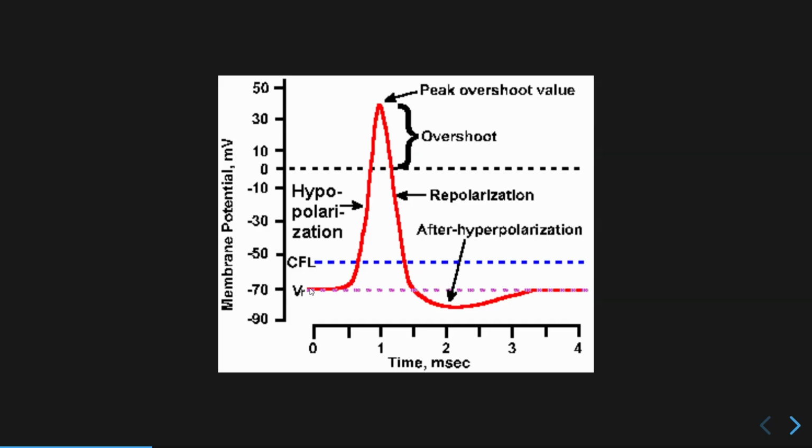So it started out at minus 70 millivolts, but it went up all the way to around plus 40 millivolts. The absolute peak at which it goes is called the peak overshoot value, and it's called overshoot because it becomes positive charge. And after a while, it calms down. This is a process of repolarization, and it comes all the way back down and enters this point.